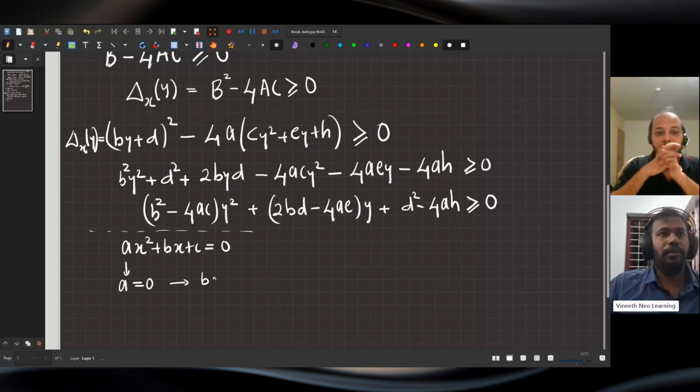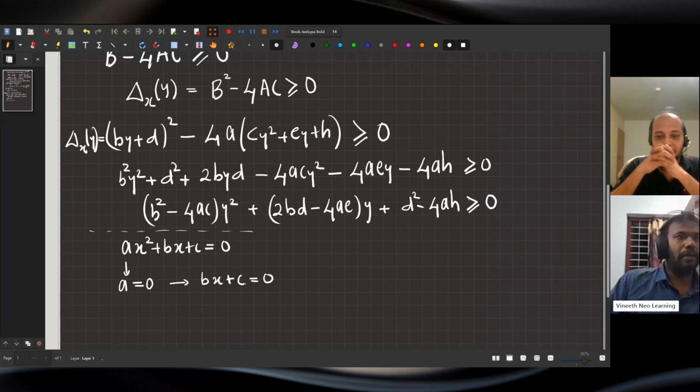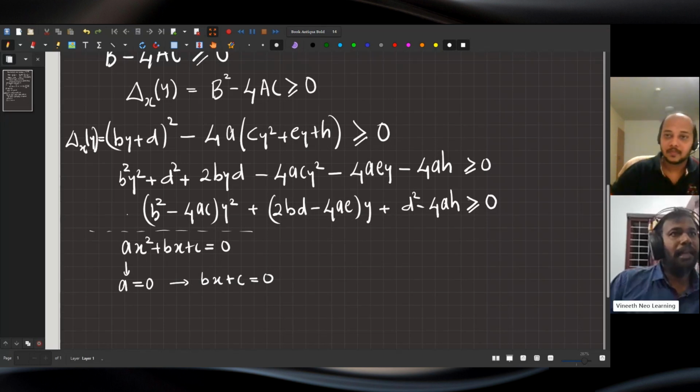Then the equation just becomes a straight line. But here, the coefficient of the leading term is b squared minus 4ac. Will it be 0?